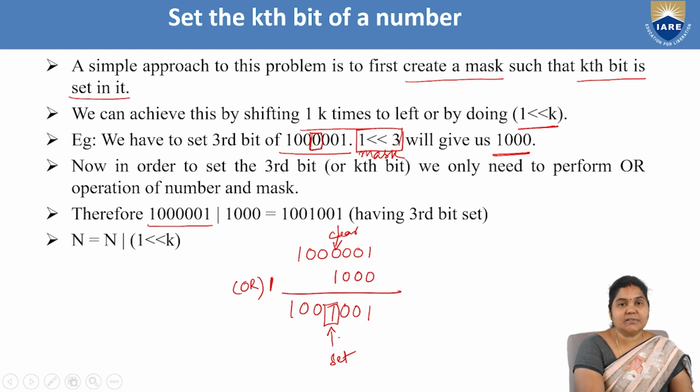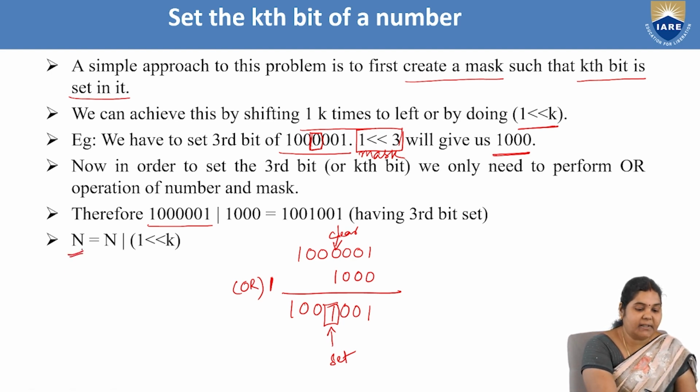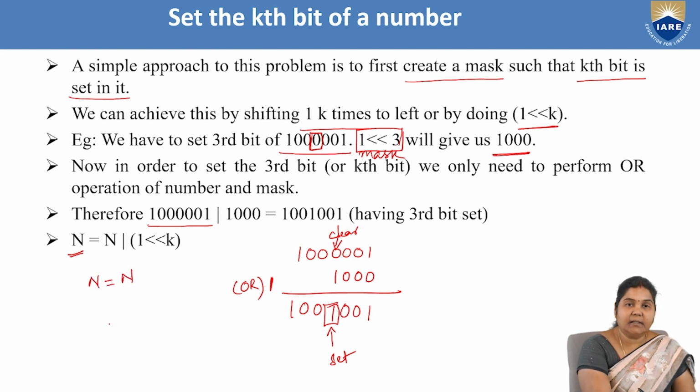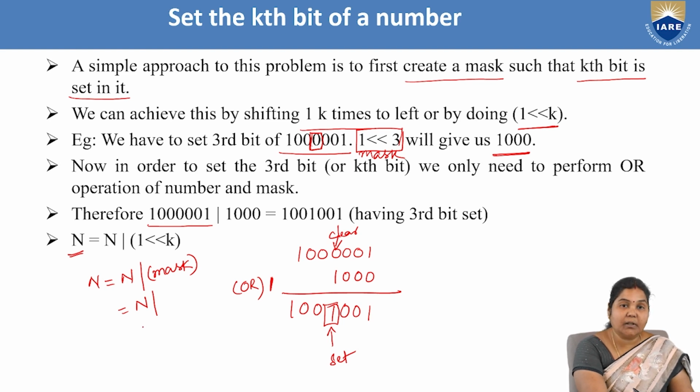So what is the generalized formula here? You have been given a number. You take that number and do an OR operation with a mask. What is that mask? The mask is based on which bit you want to set, the kth bit. So you take 1 left shift by k number of bits.